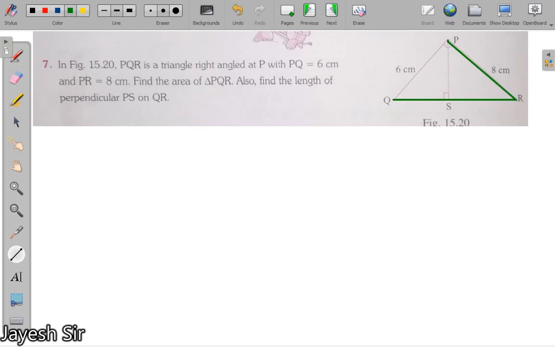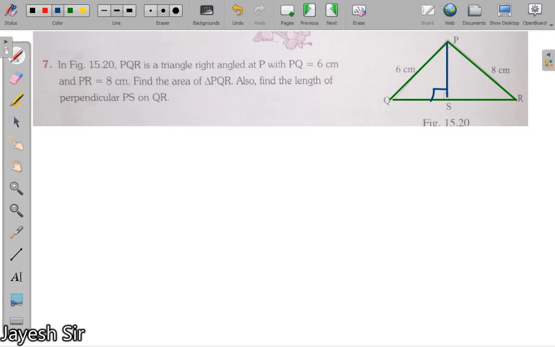So let me redraw this figure. This is a triangle PQR in which PS is the perpendicular. This angle is 90 degree.